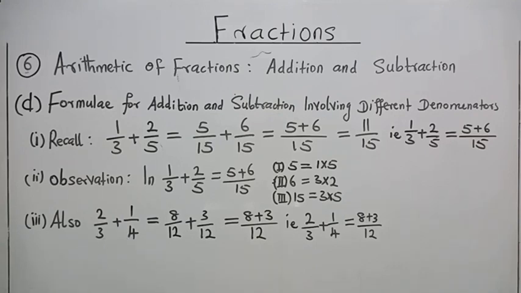I want to upgrade this 3 to 12 and upgrade this 4 to 12. So how do I make 2 over 3 become something over 12? And how do I make this 1 over 4 become something over 12? Please watch. What can I multiply 3 with to make it become 12?